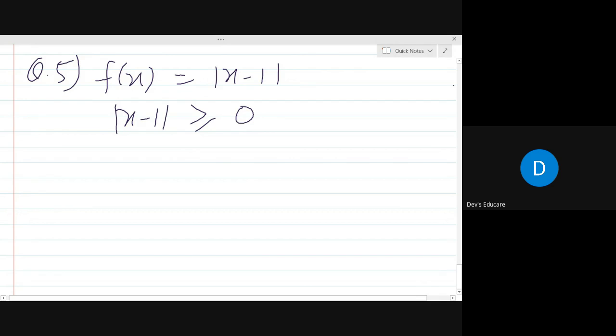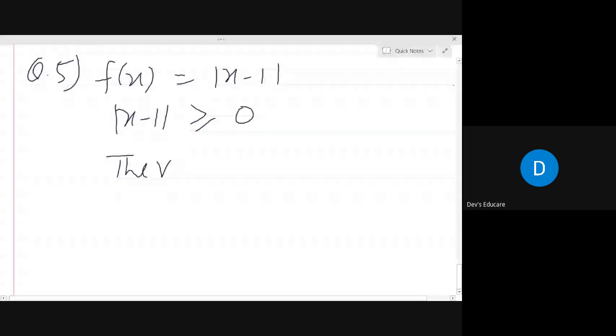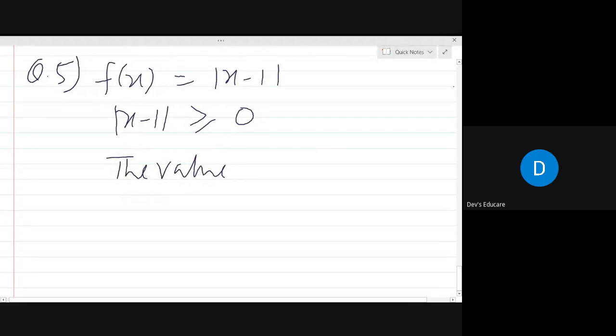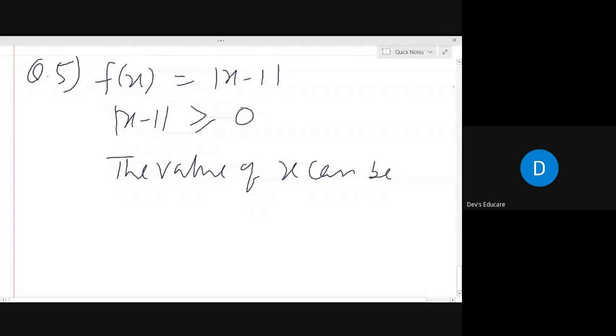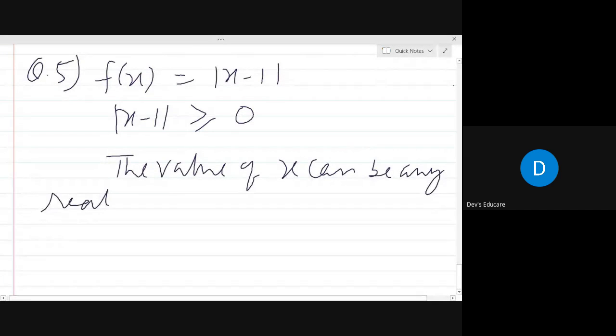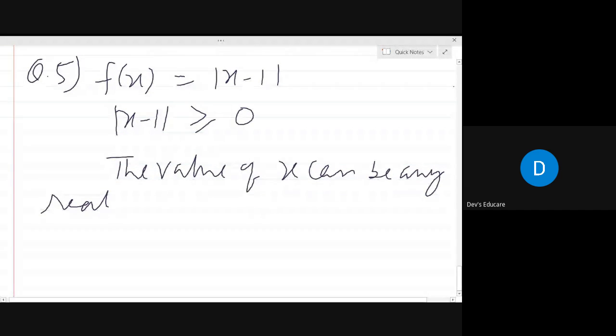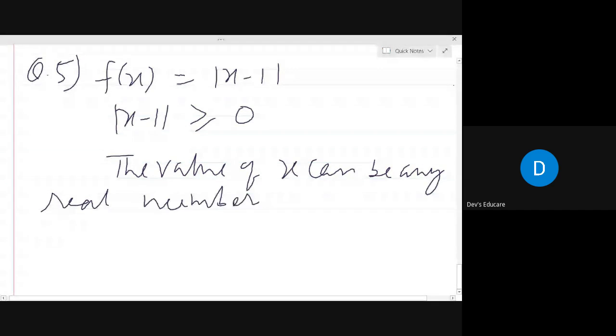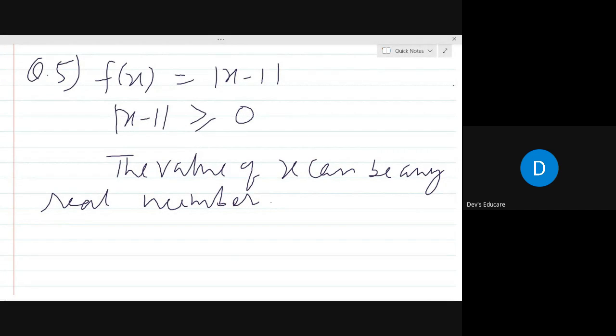What could be the value of x? Any real number. We do not have any exclusion. देखो, x की वैल्यू कुछ भी ले सकते हैं, है ना?